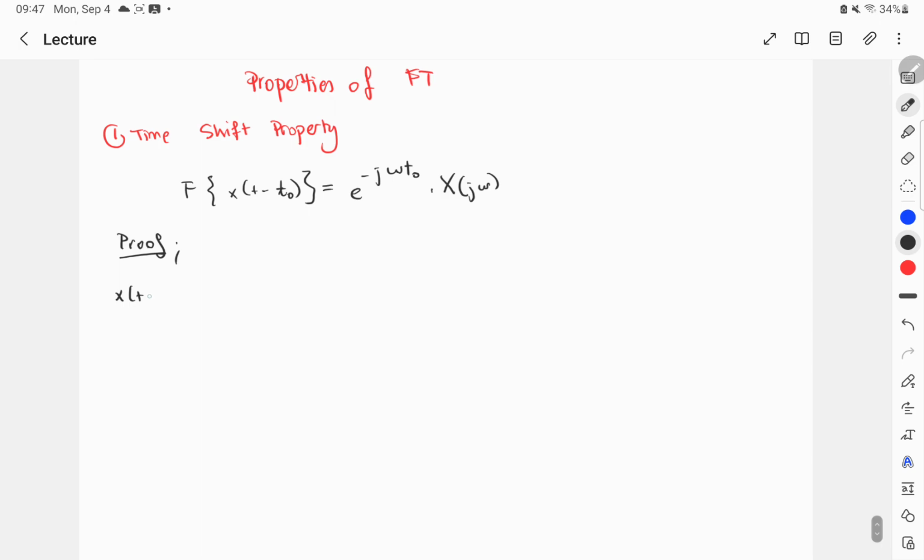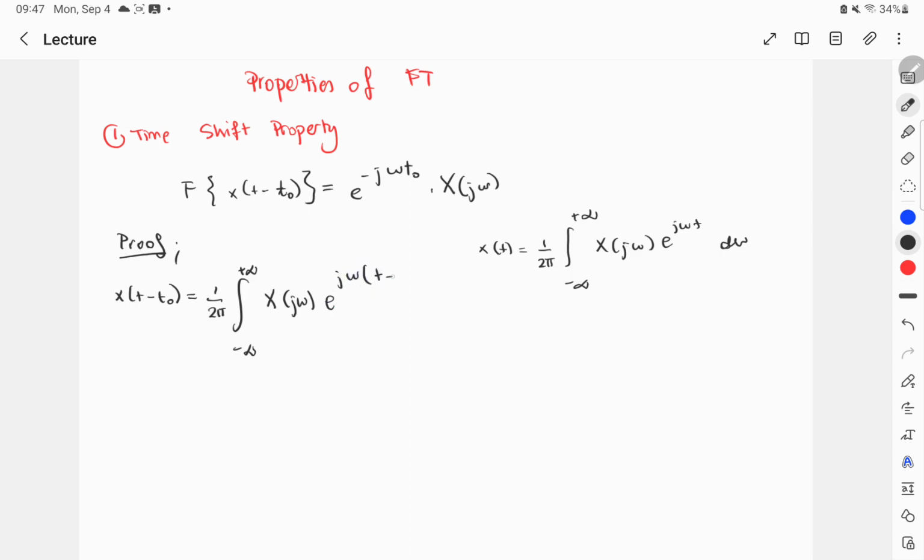Now let me show you the proof of this. And here we have our function. In order to compute the Fourier transform series, we are going to use this formula. Let me write it in this corner so we can take reference. So when we apply this, what do we have? 1 over 2 pi, from minus infinity to plus infinity, we will have e to the power of jw.